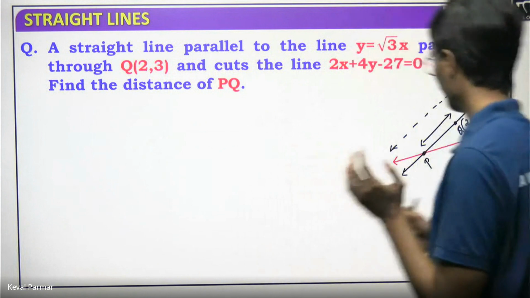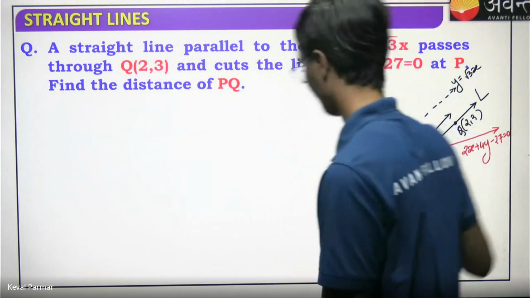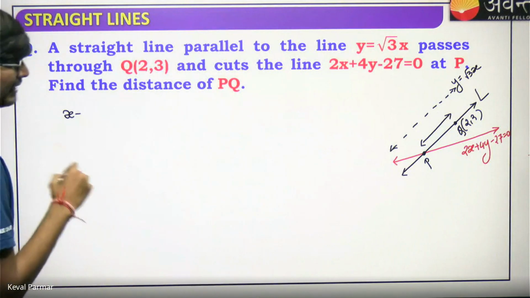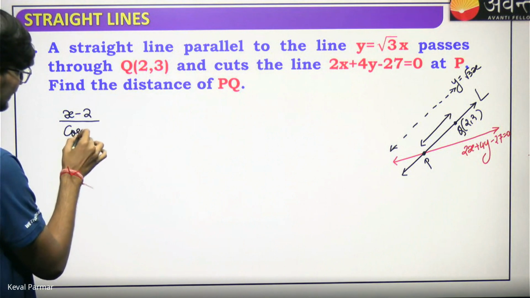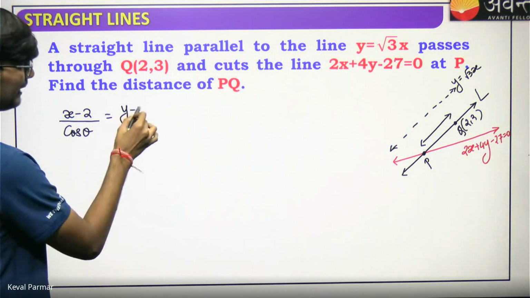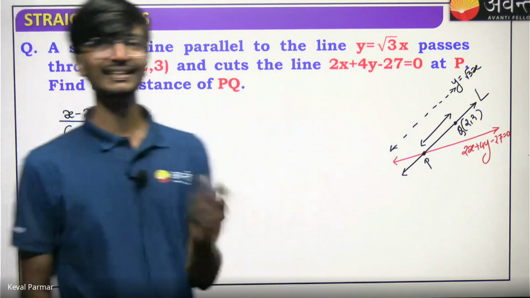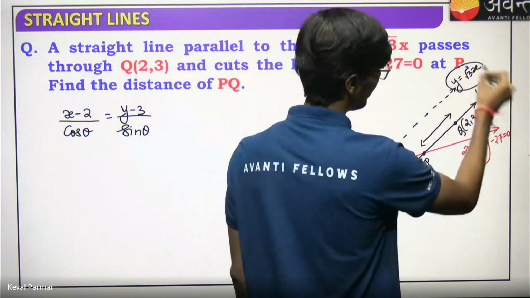Now, if I try to write the symmetric form of line L, this is a point, right? So it will be (x minus x1) upon cos theta, which is (x minus 2) upon cos theta, equals (y minus 3) upon sin theta. Now, what is theta? Theta is the inclination. It is parallel to this line.